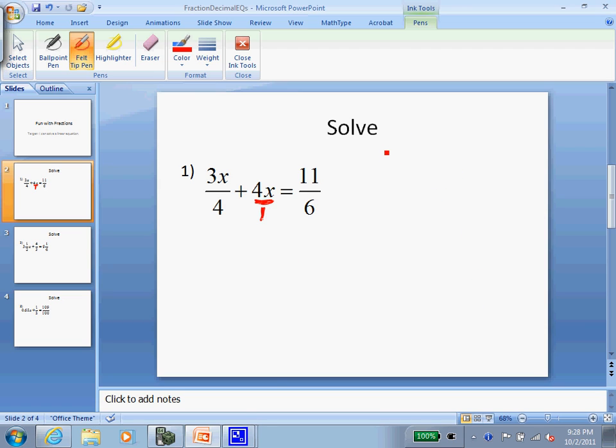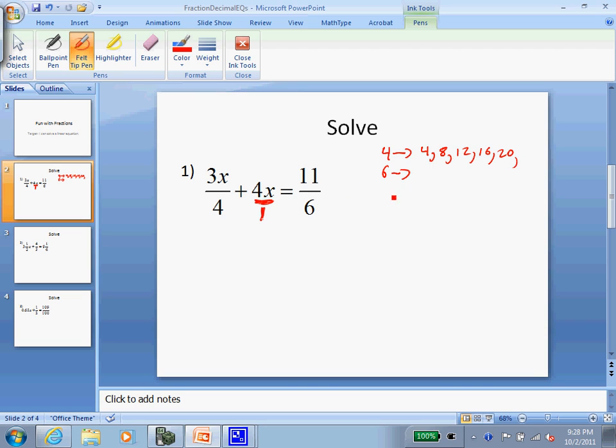And so now let's take 4 and 6. We need to find their least common multiple. And we can do this by just counting by 4s and counting by 6s. So let's look at 4. We count by 4. We have 4, 8, 12, 16, 20.